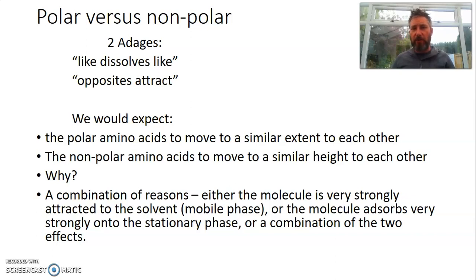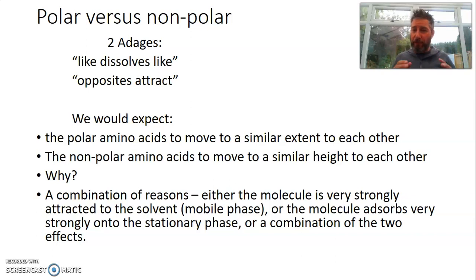So again, if the non-polar ones don't move very far, that's because the paper is polar. If the polar ones don't move very far, that's because the paper is non-polar. Or a combination of the two. A combination of the attraction to the solvent and the attraction to the stationary phase.